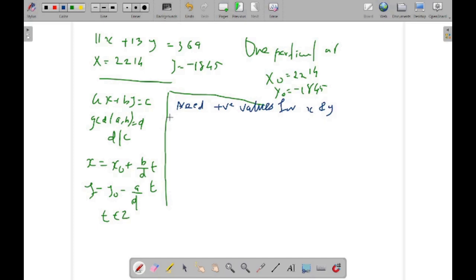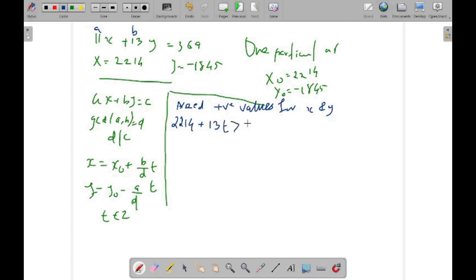Let us come to our case. Our x is 2214 plus b into t. This is our a, this is our b, so b is 13, and d, the GCD, is 1, so 13t.